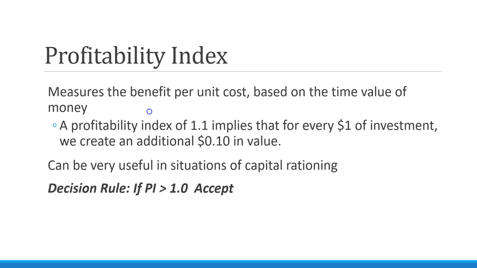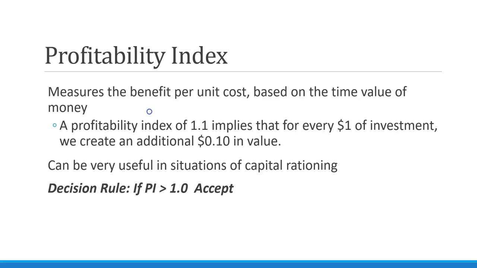In situations of capital rationing, this is where a company only has so much money each year to spend on capital investments. And so they can't take on every project that is available to them, and they can only take on certain projects. The decision rule for the profitability index is if the profitability index is greater than 1, we should accept the project.